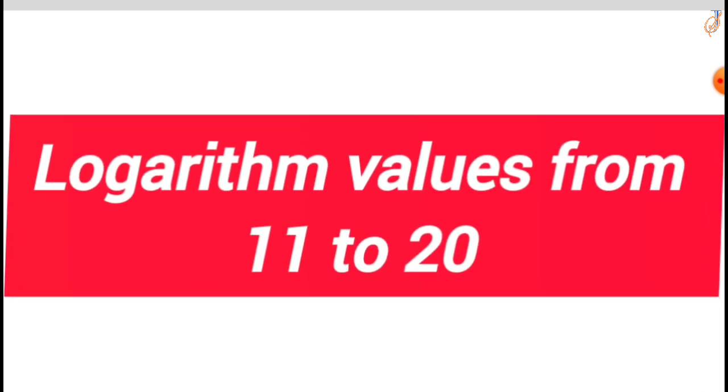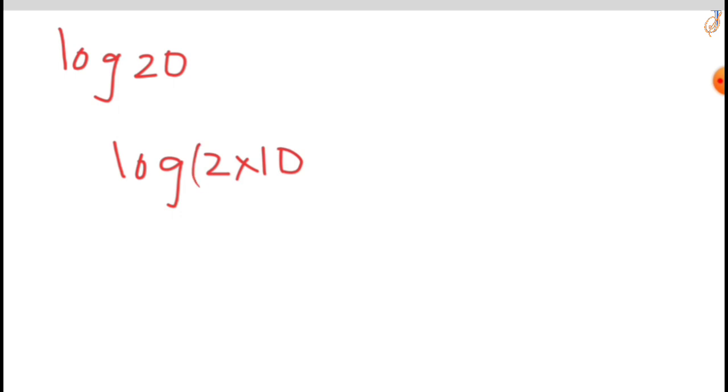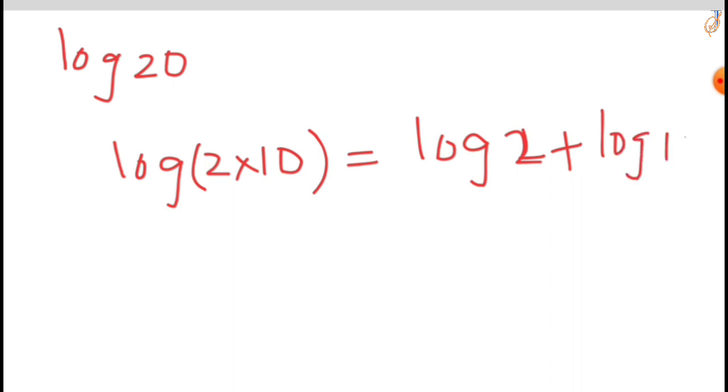Let's get started. Start with log 20, and this log 20 we can write as 2 times 10. It is in the form of log ab. 2 times 10 we can write as log 2 plus log 10. And we know that the log 2 value is 0.3010 and the log 10 value is 1.